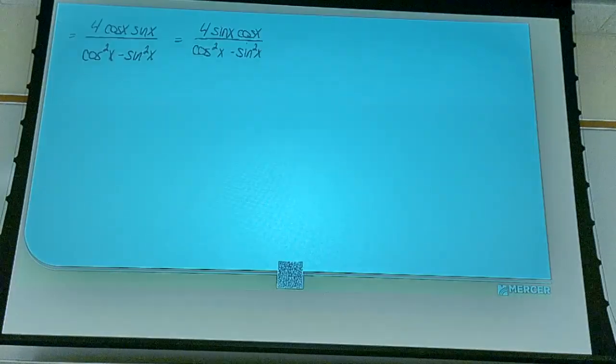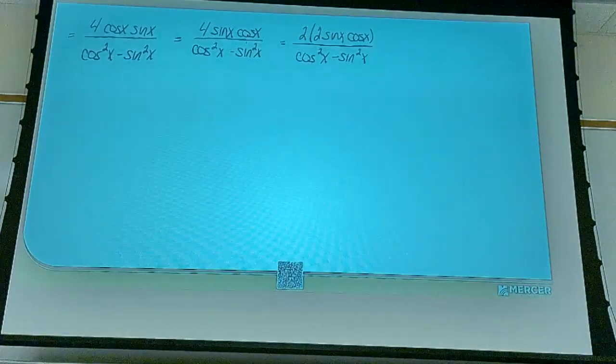However, multiplication of real numbers is commutative. We can write cosine times sine as sine times cosine. Can write 4 as 2 times 2, so we can write 4 sine x cosine x as twice 2 sine x cosine x.